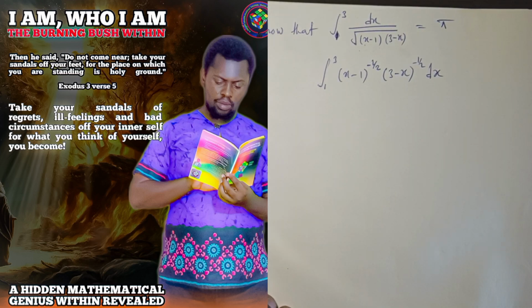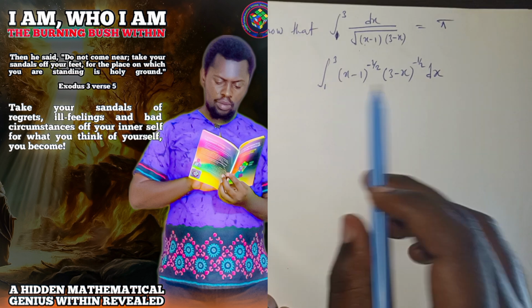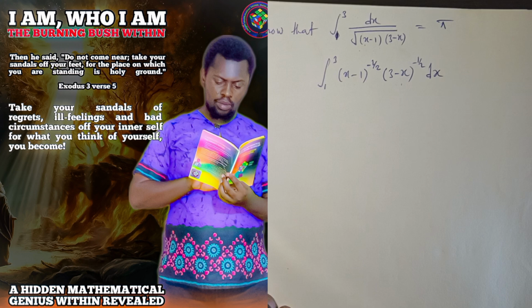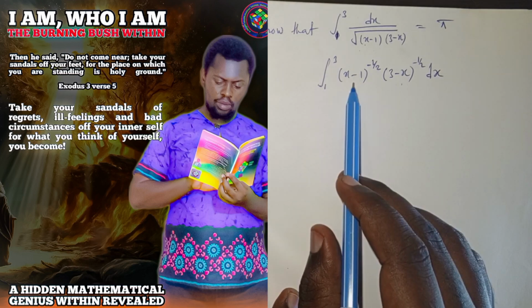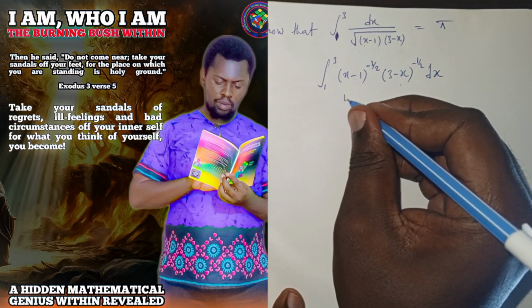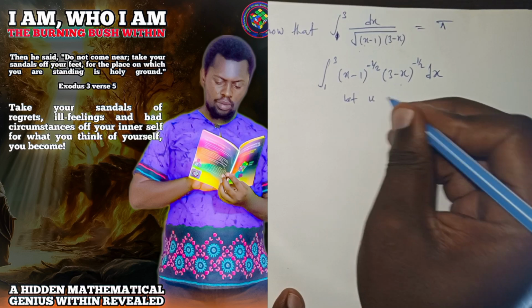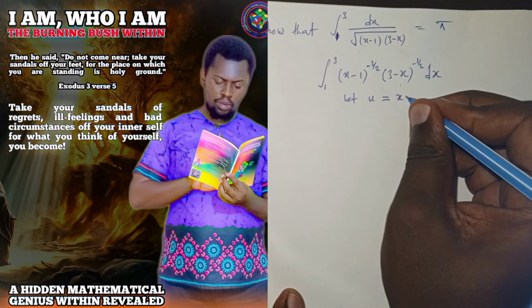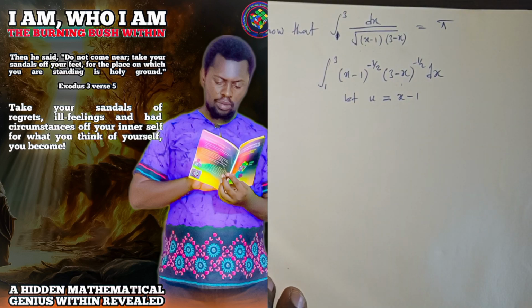Okay, then the other thing is for us to work out this as a beta function, one of these two expressions should be a single variable. So we let one of these two be a single variable. Let's use this one. Let u equal x minus 1.